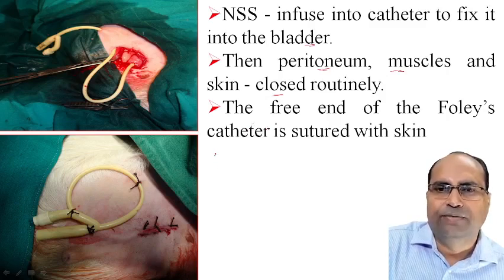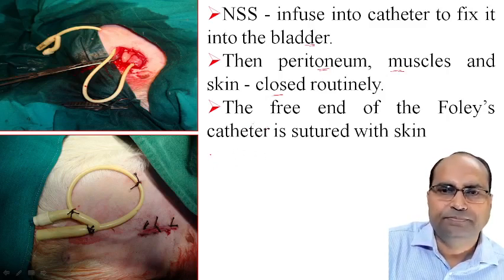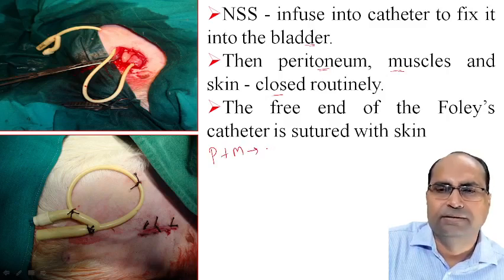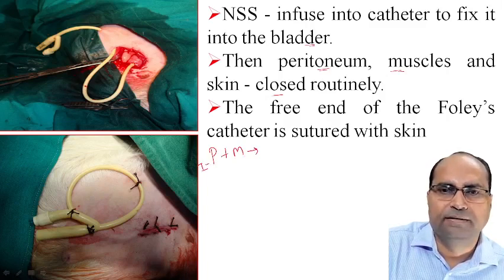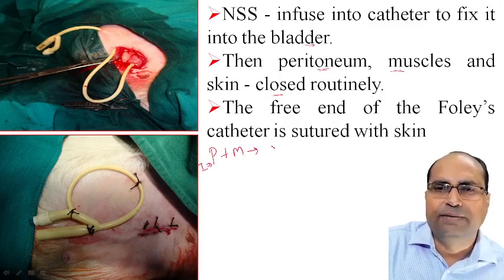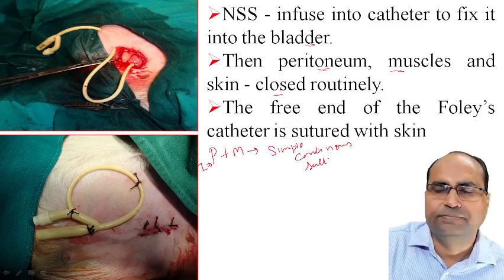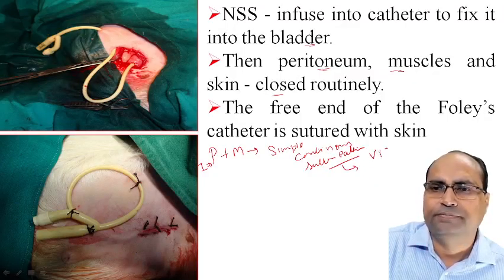What is routine? First, the peritoneum plus muscles is sutured in the first layer by a simple continuous suture pattern, using number 1.